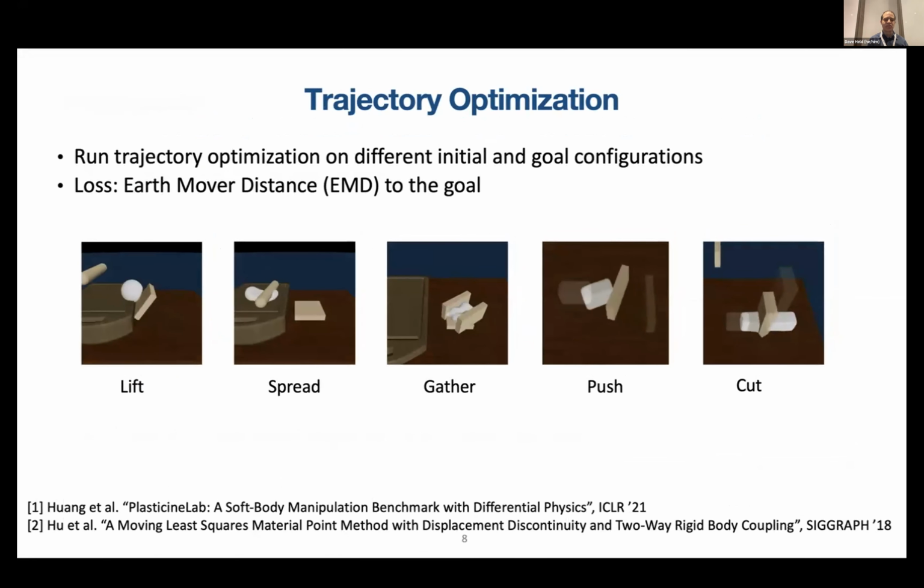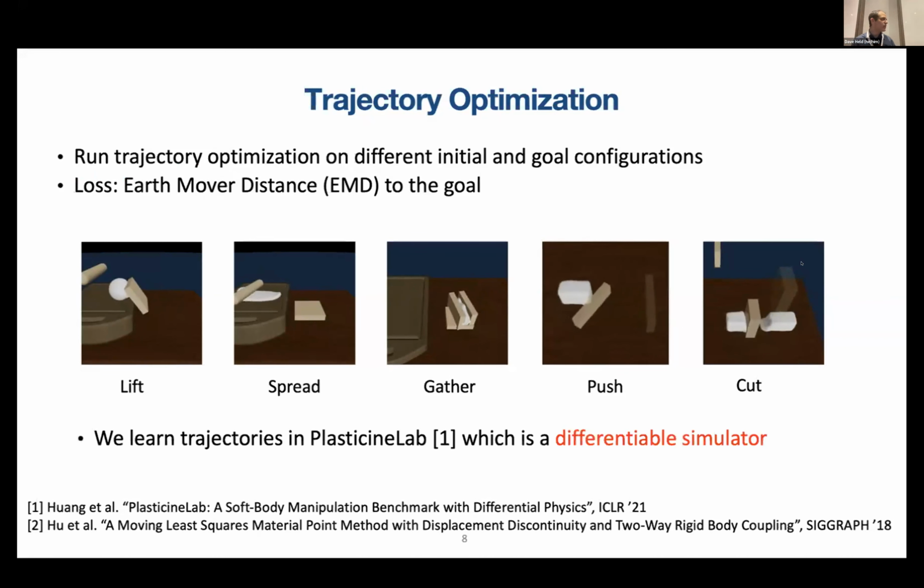First, we want to learn these individual deformable object manipulation skills, which we will do by running trajectory optimization in the simulator on different initial and goal configurations. The goal configuration will be defined by a goal point cloud, and we will have a loss that will be the earth mover's distance between the current dough configuration and the final dough configuration.